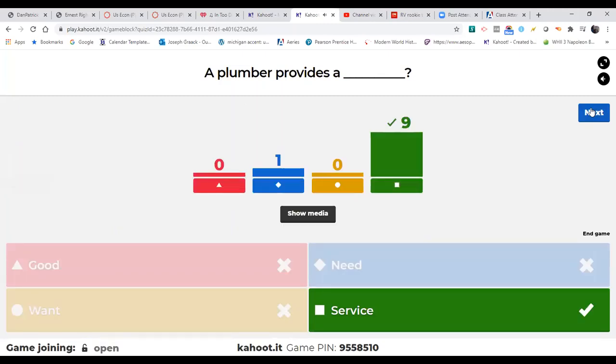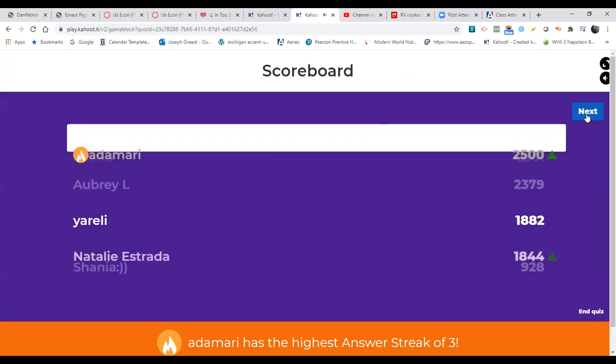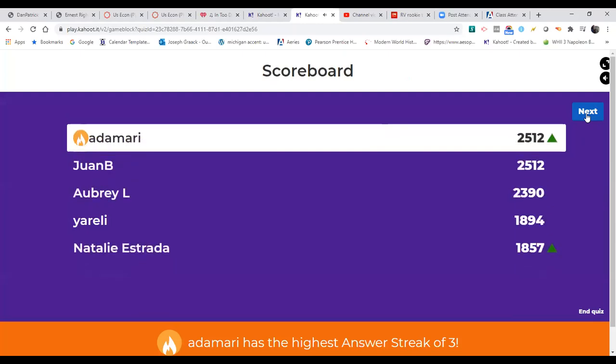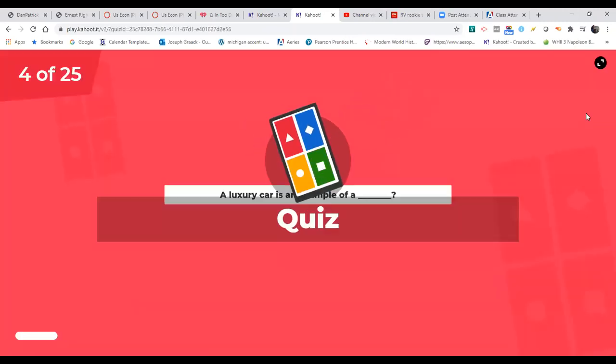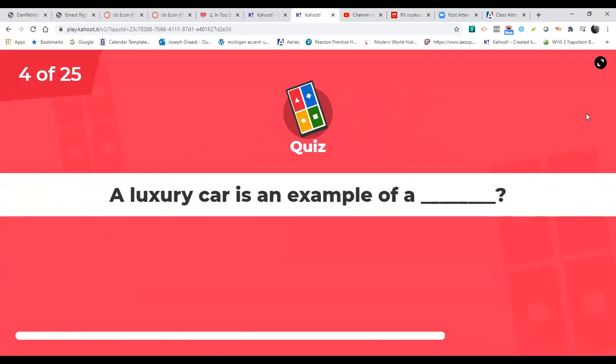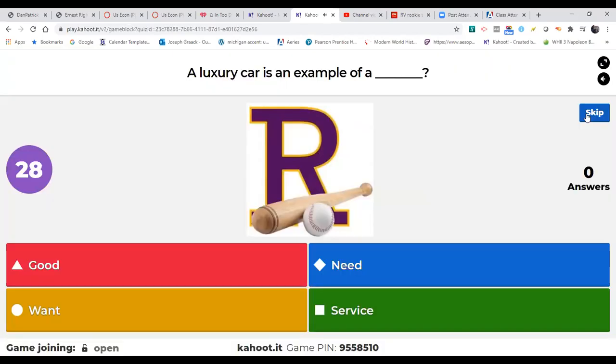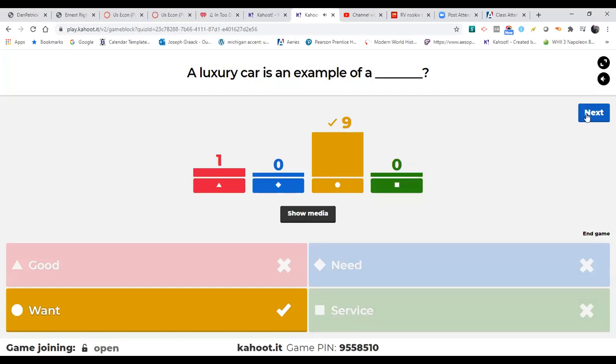Plumber provides a service. Oh, new leader. Had Amari right up to first. All right, a luxury car, an example of what? Luxury car is a want.